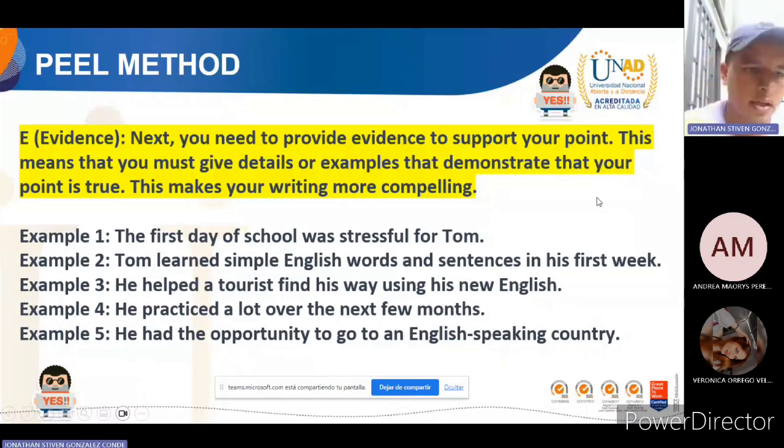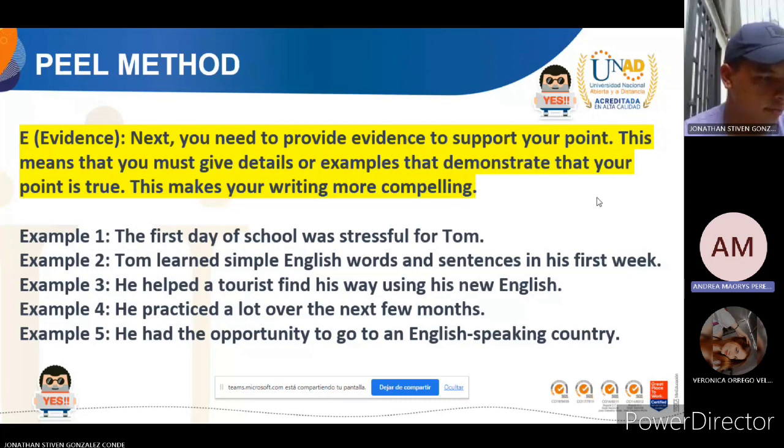Okay, read again the examples and let me know if you consider that this evidence supports the main idea. Let me know. Yes, teacher. Why?